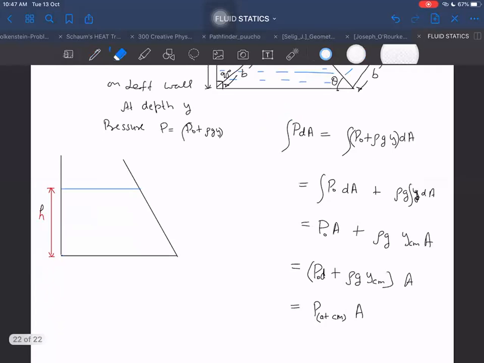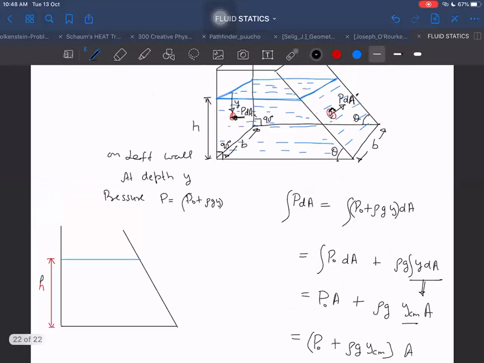So what do we get now? Why am I writing y into dA? You understand this part or not? This is very important here, because in center of mass we have done this. Center of mass formula, you remember? Center of mass of what? Is it center of mass of liquid? No, sir, it is center of area, of the plane.